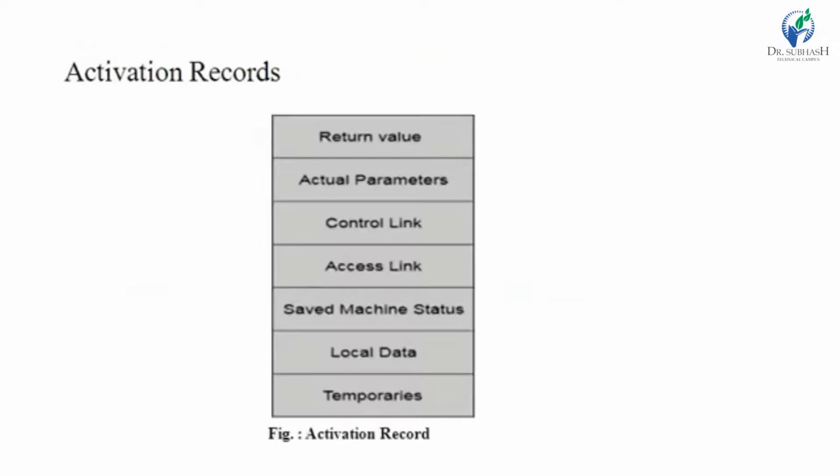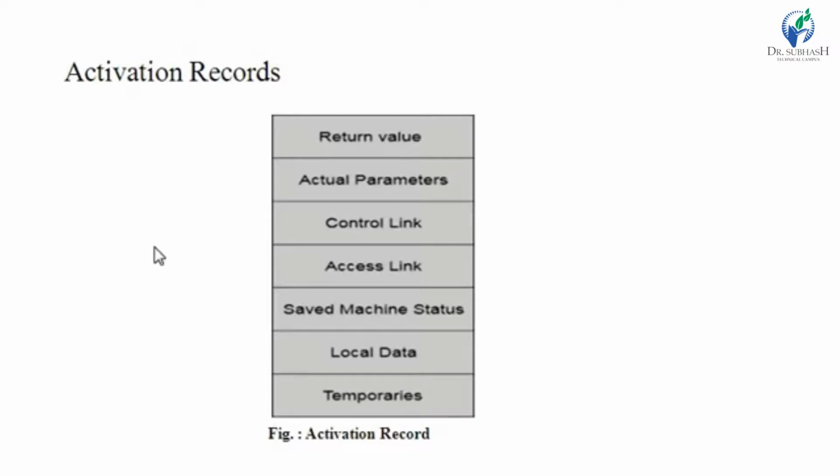Next one is activation records. Various fields of activation records are temporary values or temporaries, local data, saved machine status, access link, control link, actual parameters, and return value.